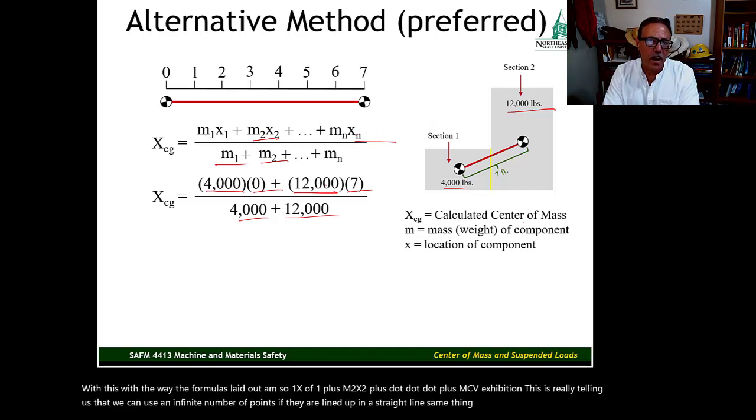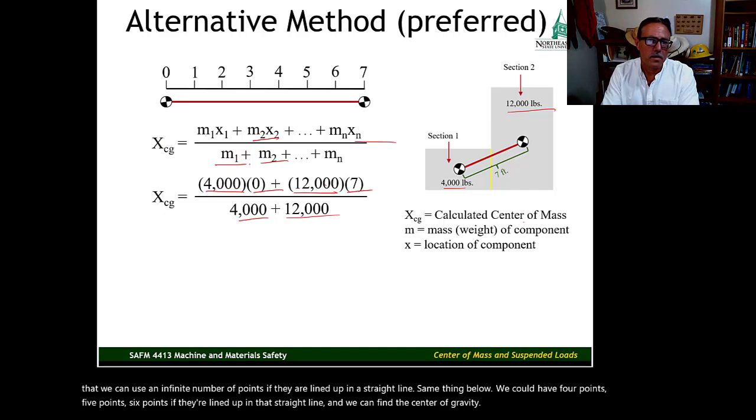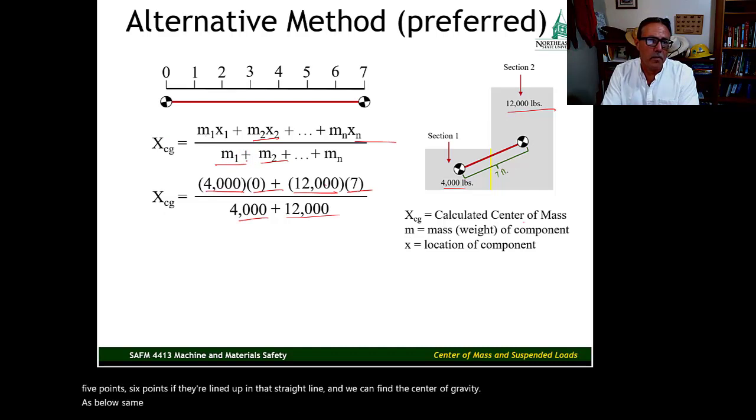We could have 4 points, 5 points, 6 points if they're lined up in that straight line, and we can find the center of gravity. Below, same thing in the denominator. We can have multiple components with multiple masses that we're working with. This example, we just have 2 component centers of gravity, and it's relatively simple.